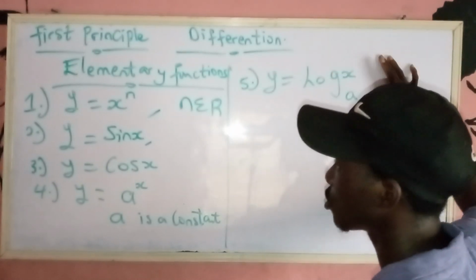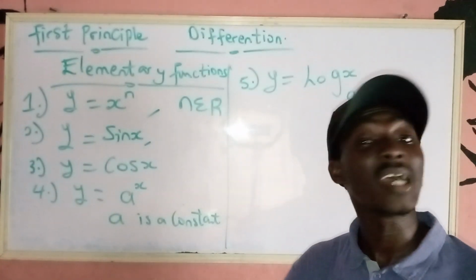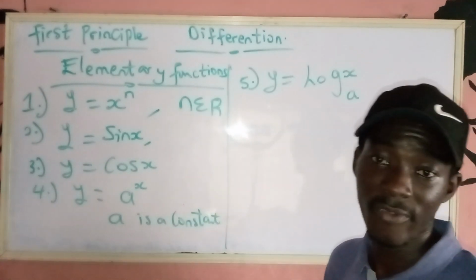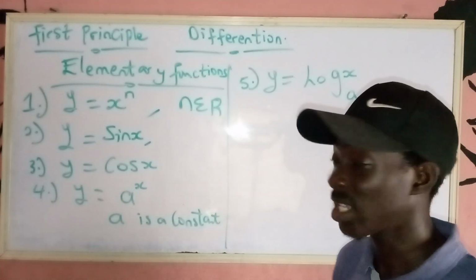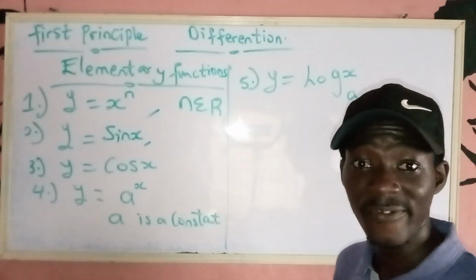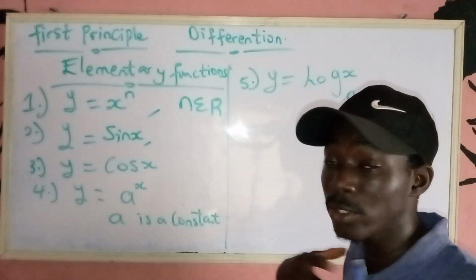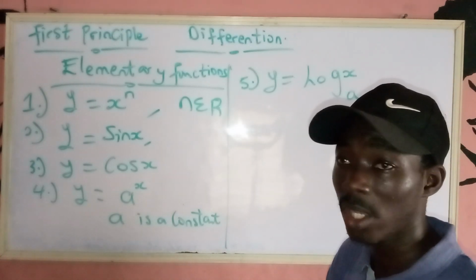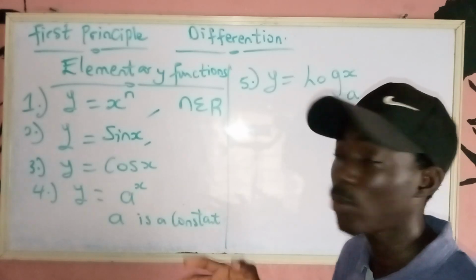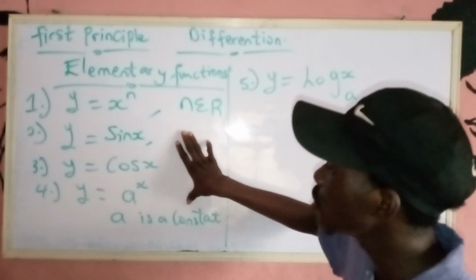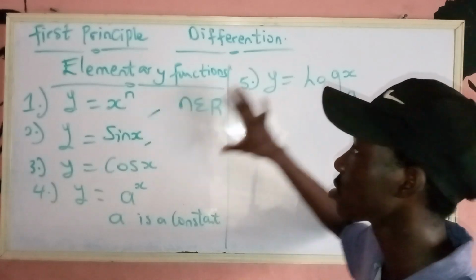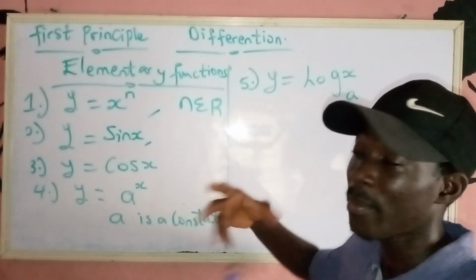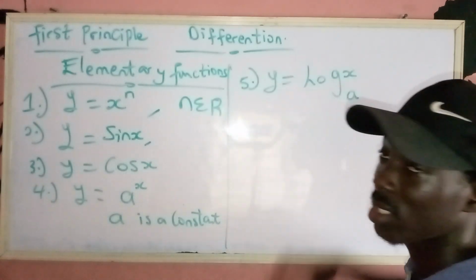When you understand these 5 primary functions and you can differentiate them, then you can differentiate any other thing, because they are the basic and fundamental functions in mathematics. They are very basic. You can't produce them from other functions. In fact, I call them independent functions. The other functions we have in mathematics are mostly combinations of these, and can be derived from them.